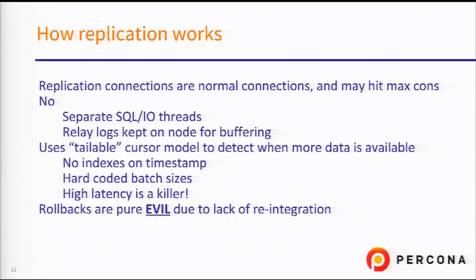Rollbacks, has anybody heard about rollbacks in Mongo? Okay, so rollback is completely different than what you would think about in a rollback in MySQL. So a rollback in MySQL is a transaction rollback. In Mongo, a rollback is where your primary node took some number of writes and then it crashed and it had not replicated those writes yet to its secondaries.